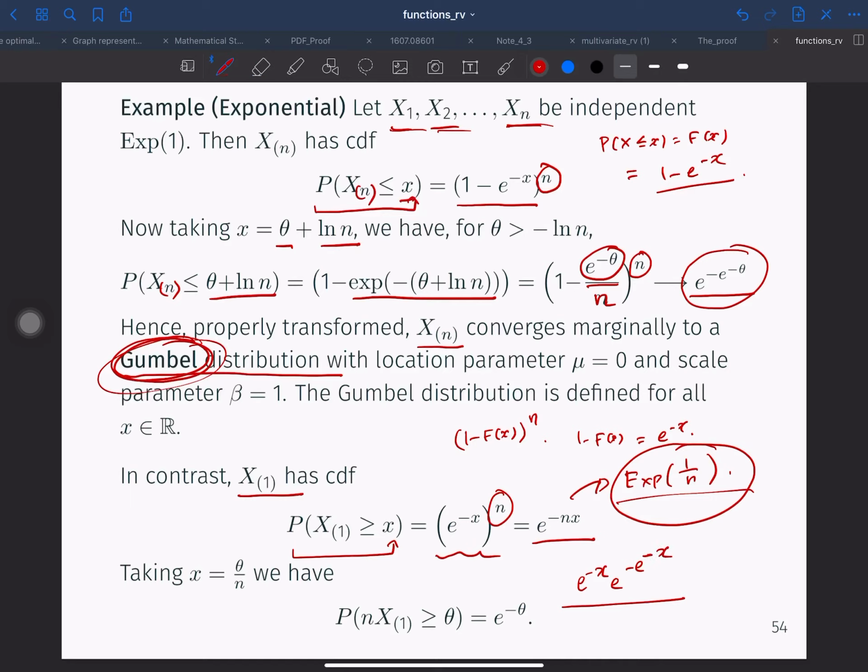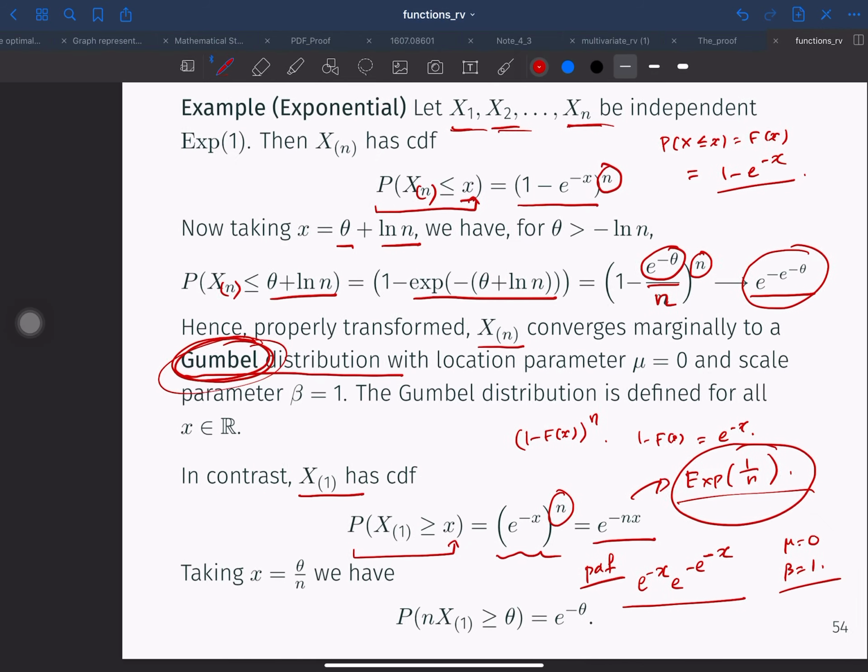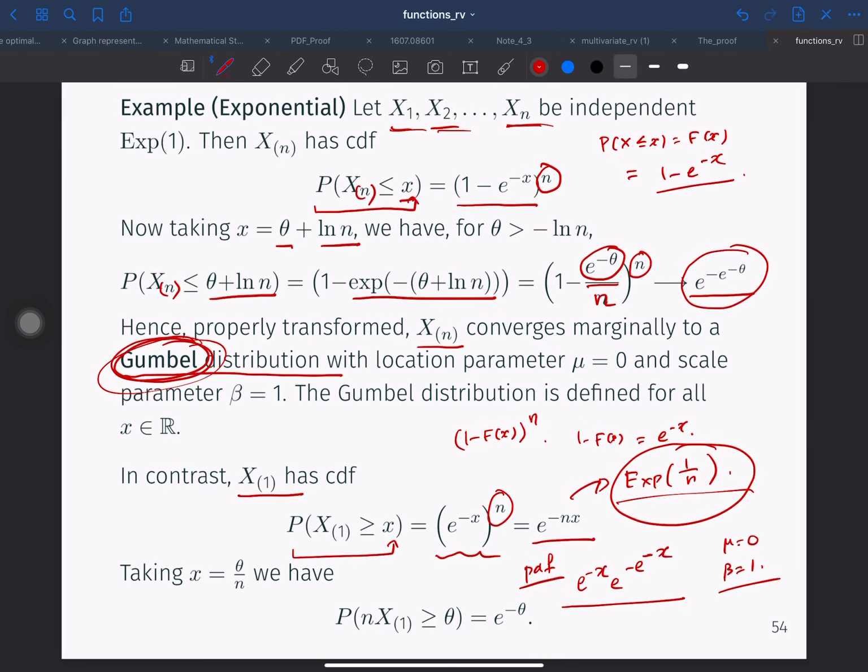So that is the PDF of a Gumbel with location parameter mu equal to 0 and scale b equal to 1. And you can look for the more general definition of the Gumbel on, say, Wikipedia. So if you have independent exponentials, the maximum looks like a Gumbel.